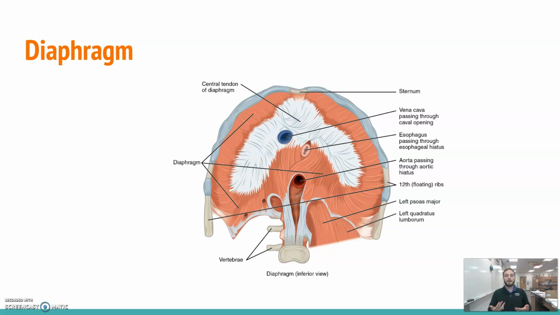So the diaphragm, even though it does separate you into thoracic cavity and abdominal cavity, does need to allow things to be able to move through. So you can see the muscle all along the edge here, and then the central tendon that they are going to all be connected to. That's what's going to allow the diaphragm to all contract and relax as one muscle.